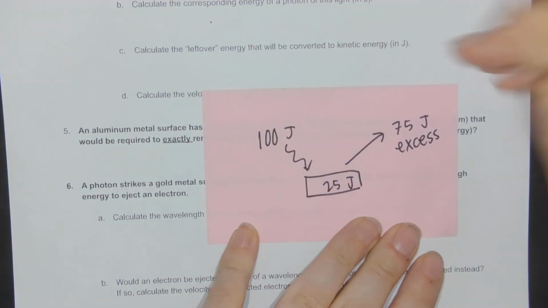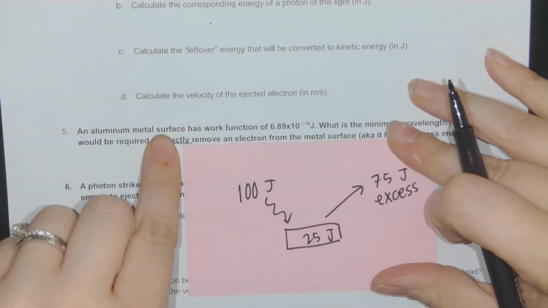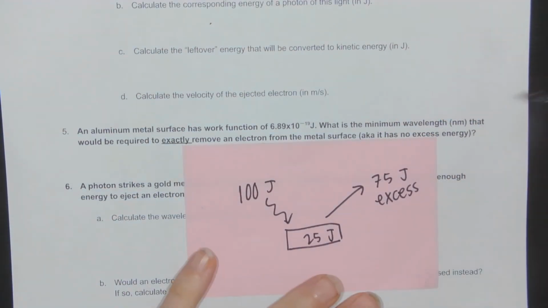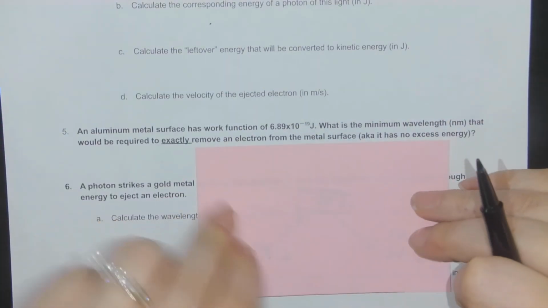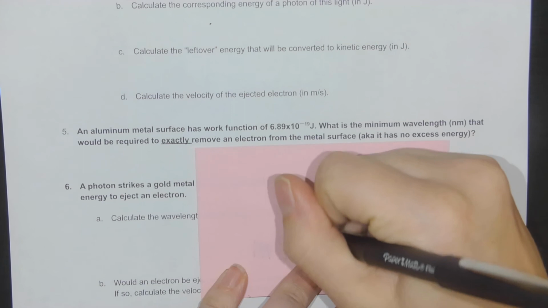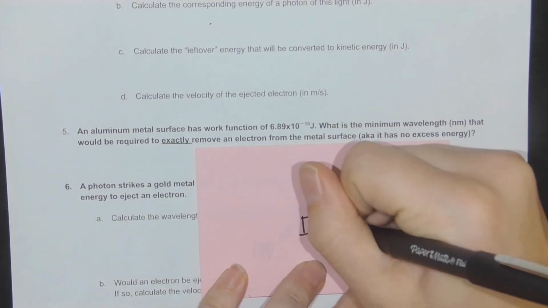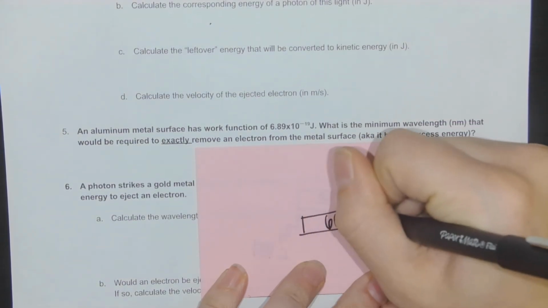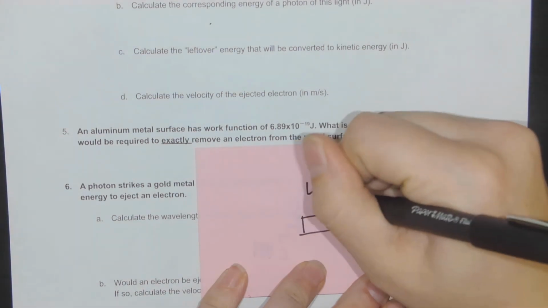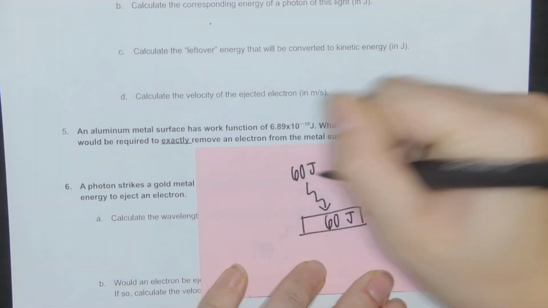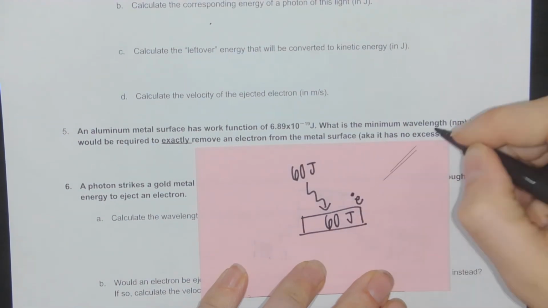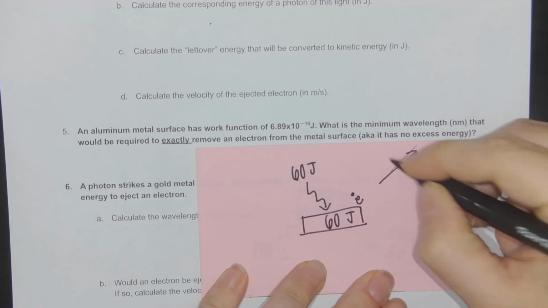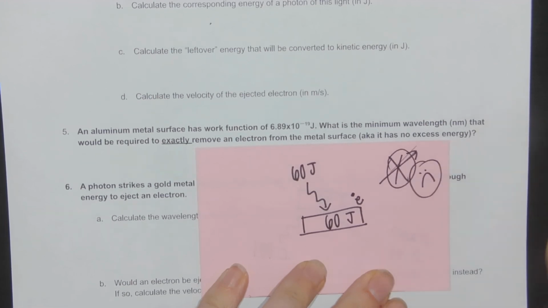This is saying that you have exactly enough energy and no excess. So what this would be like if I had a block that required 60 joules, I had exactly enough to remove an electron, but I don't have any excess energy.